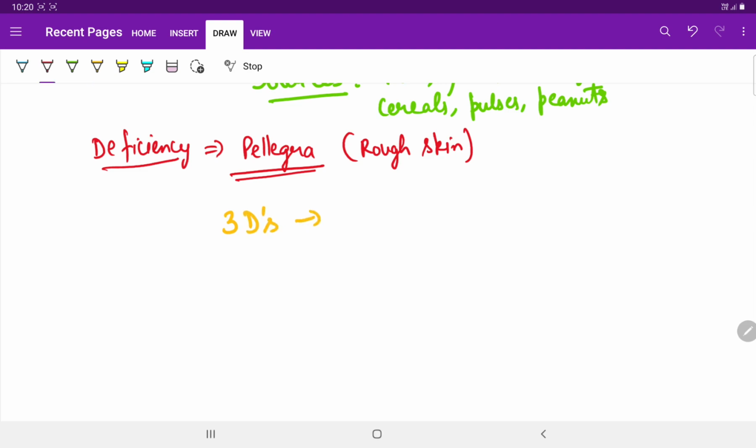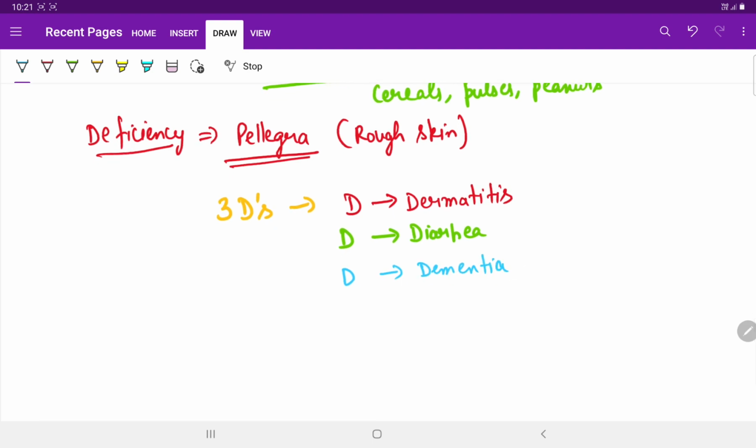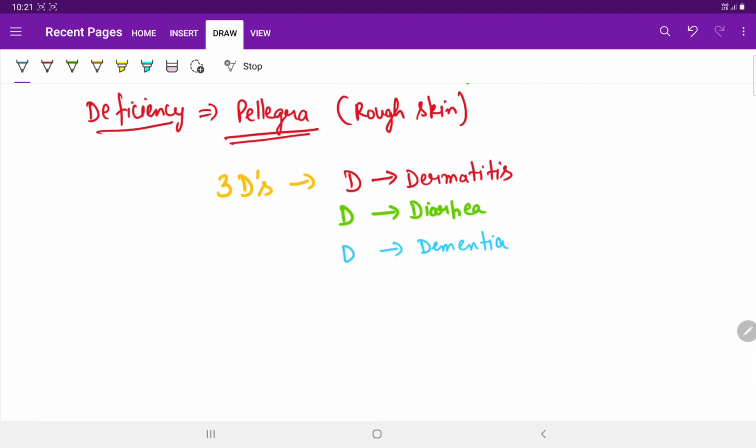Now these 3 Ds are, the first D is for dermatitis, the next D is for diarrhea, and the third D is for dementia. Now these are the major problems that, if not treated, may lead to a fourth D associated with this.